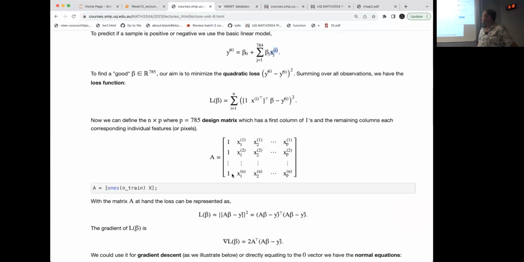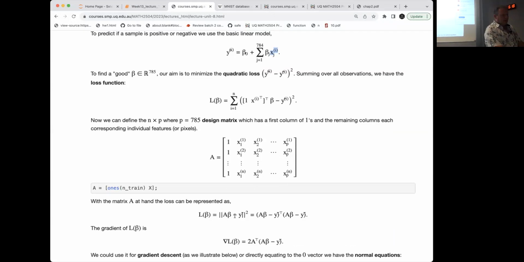So N is 60,000, and it's 60,000 observations by 785, right? And that now allows us to do A times the matrix beta, and that gives us our prediction. So all your data is in this matrix. In the world of statistics, you call it the design matrix. In machine learning, I don't know if you really have a name for it actually.